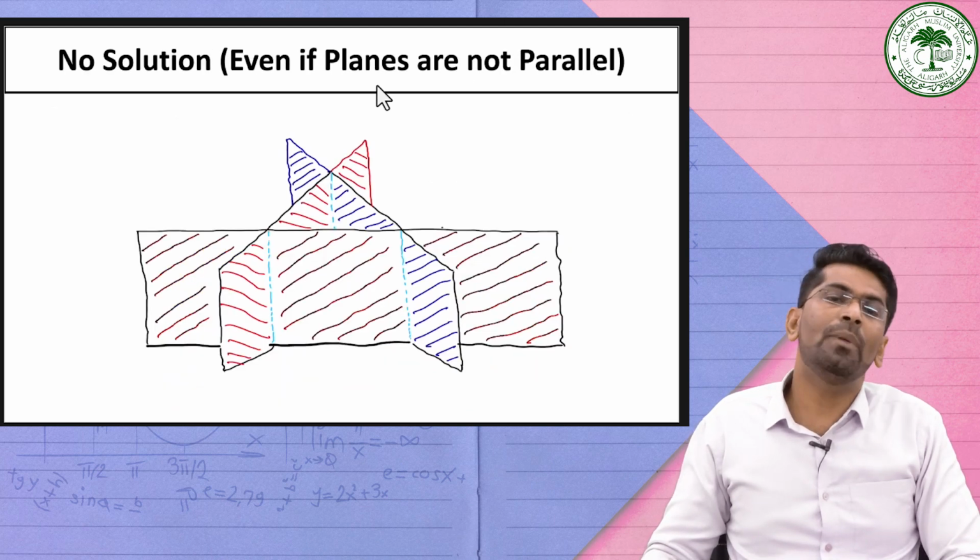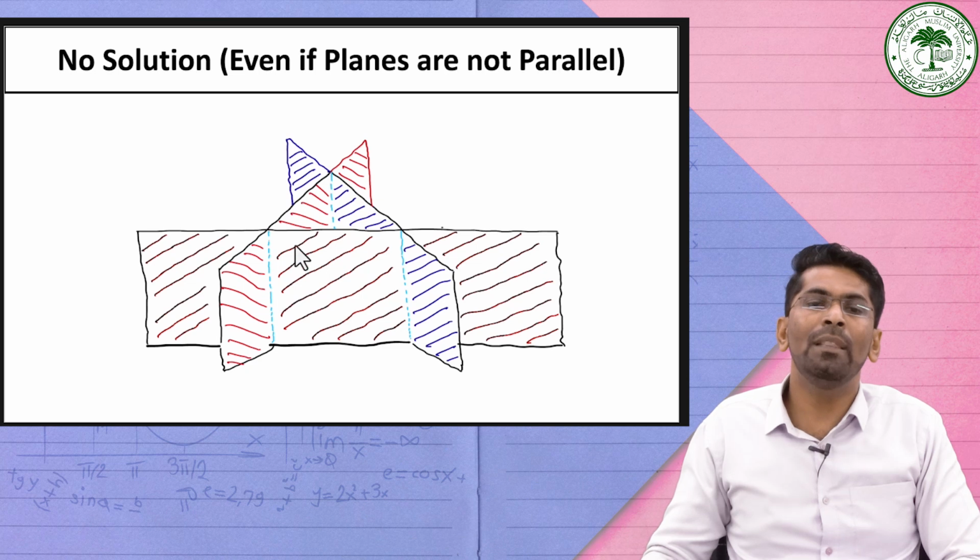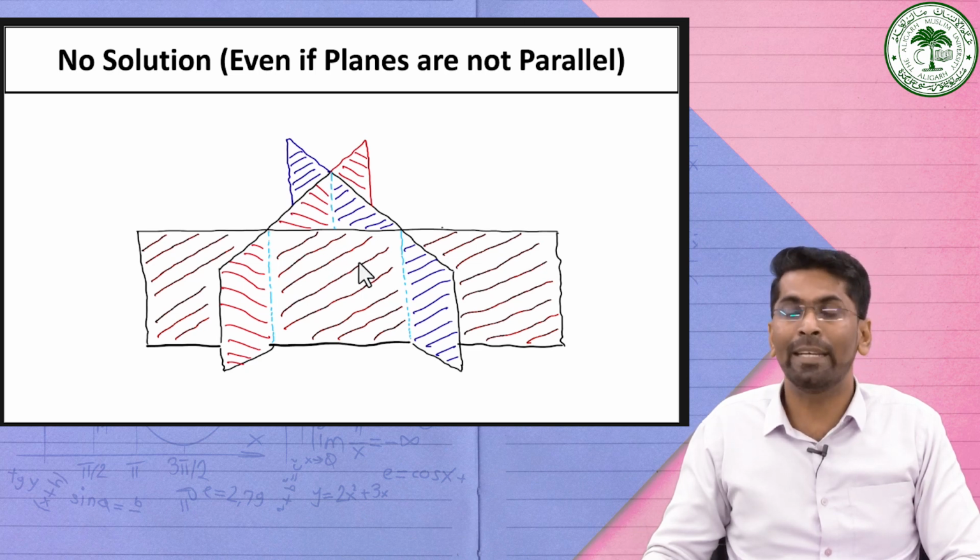Now, even if the planes are not parallel, for example, this is the case. It is not parallel, but it is intersecting, but the three planes are not intersecting at a common point. Here only two intersect, here also two, and here also two. There may be another scenario where three planes might not intersect, even if they are not parallel.